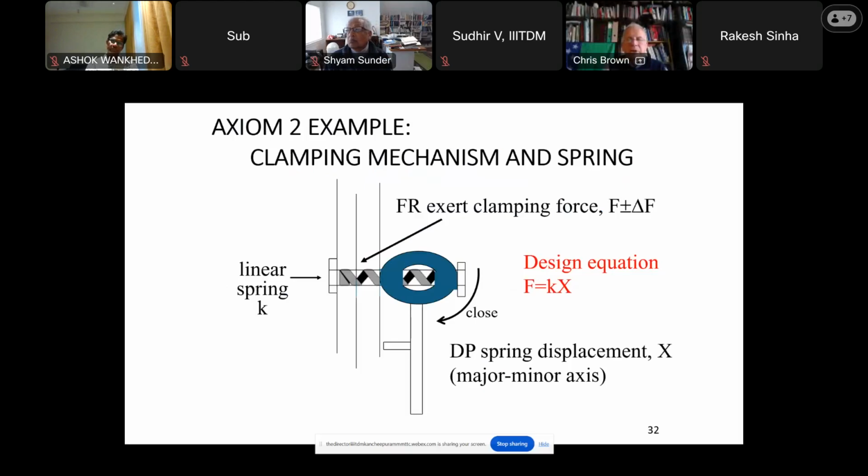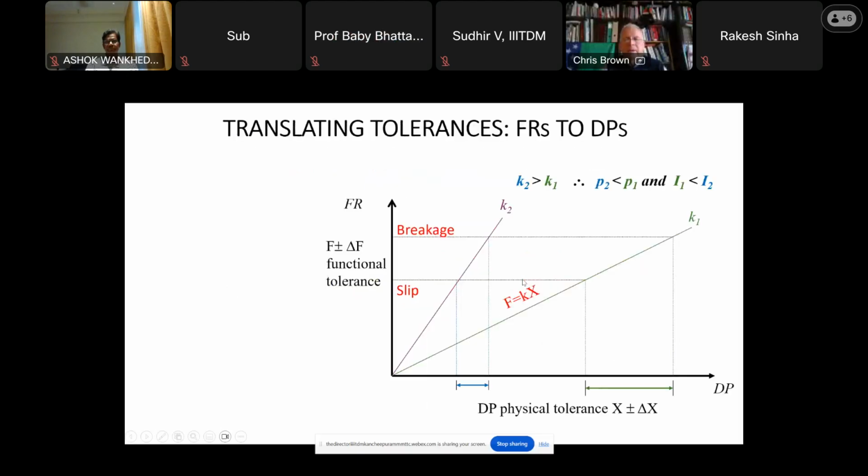So what kind of spring should we select? We have a design equation where F equals KX, a simple linear spring. And we can represent it like this. We put FRs often on the vertical axis, DPs on the horizontal, since the DP is essentially our independent variable now.